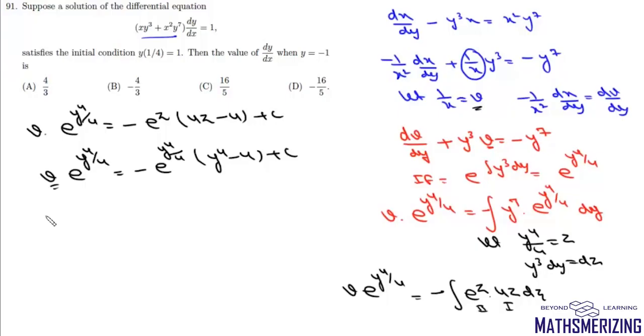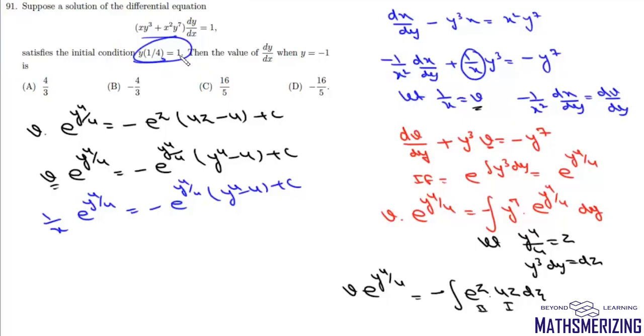So we can write this as 1 by x e to the power y to the power 4 upon 4 equals minus e to the power y to the power 4 upon 4 into y to the power 4 minus 4 plus c.